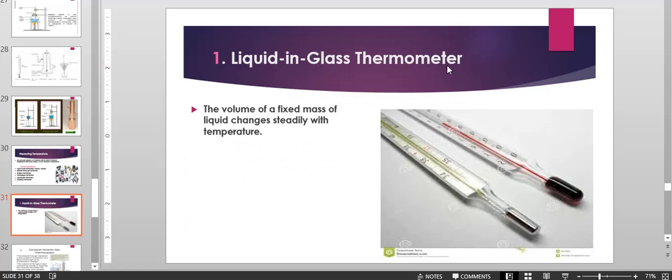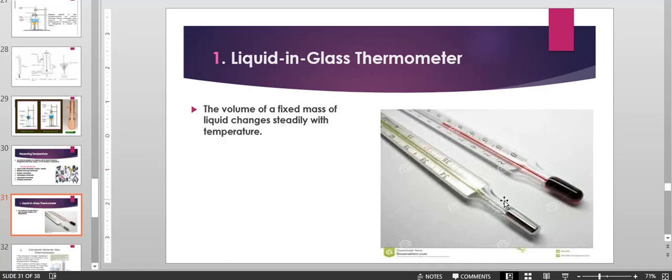First, we have the liquid in glass thermometer, as we have discussed in our previous slides as well. The volume of a fixed mass of liquid changes steadily with the temperature. So with the increase in temperature, the liquid inside these thermometers will increase, and with every degree decrease in the temperature, the liquid inside these capillary tubes will also decrease.